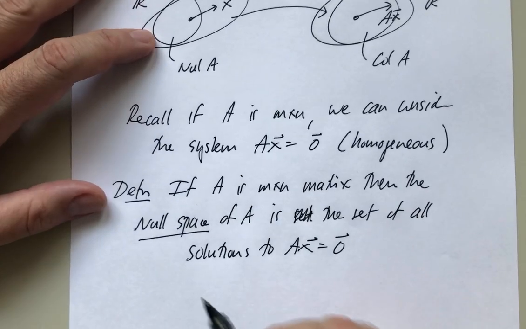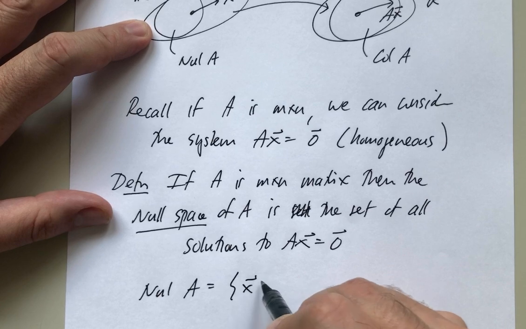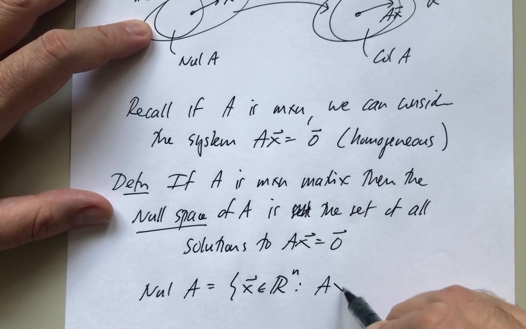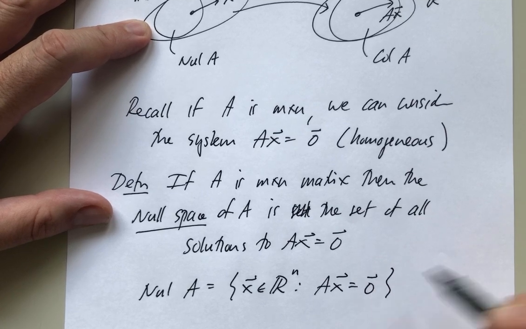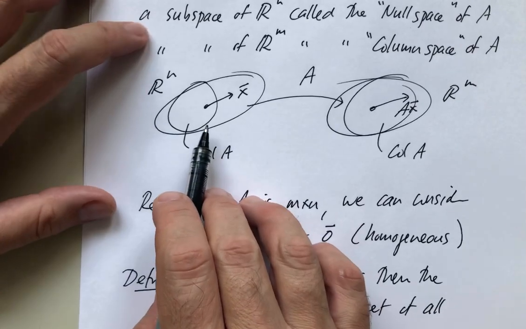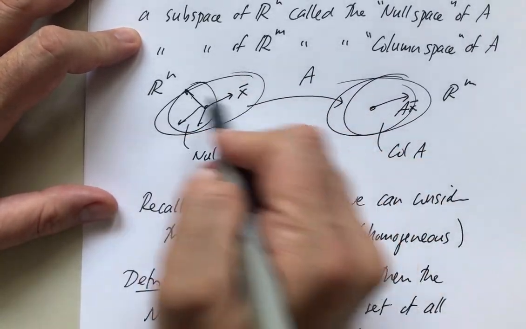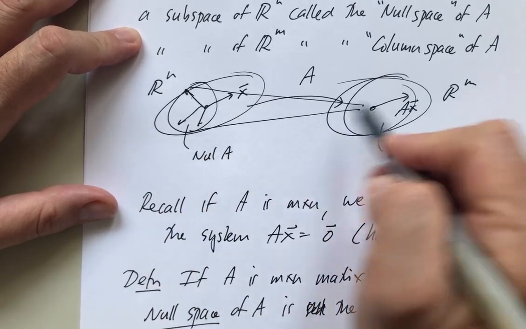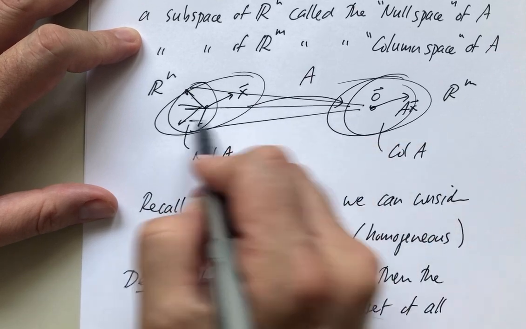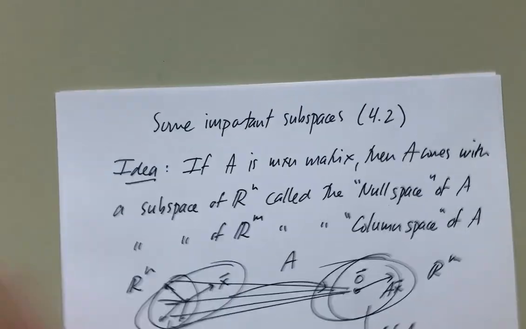A more formal way to write this is it's the set of x in Rn, since every solution will have n entries, such that Ax equals 0. So in pictures, if I go back to my picture up here, everything in the null space will all get sent to 0. It's exactly the stuff that gets sent to the vector 0 under this transformation A.